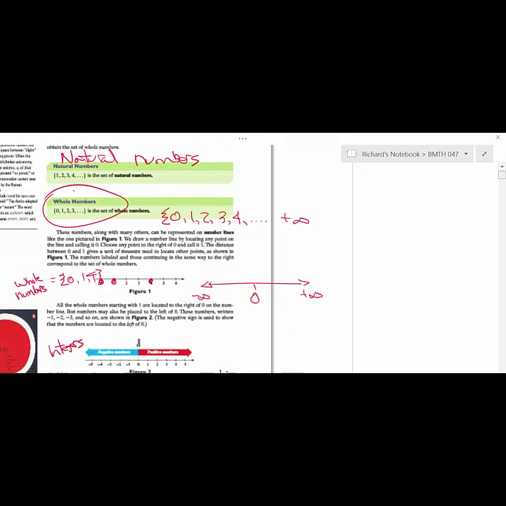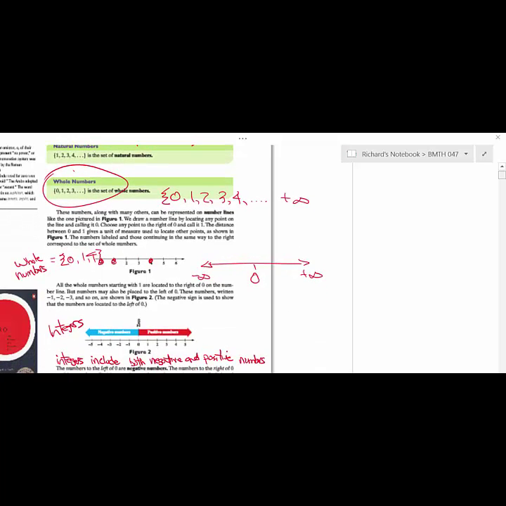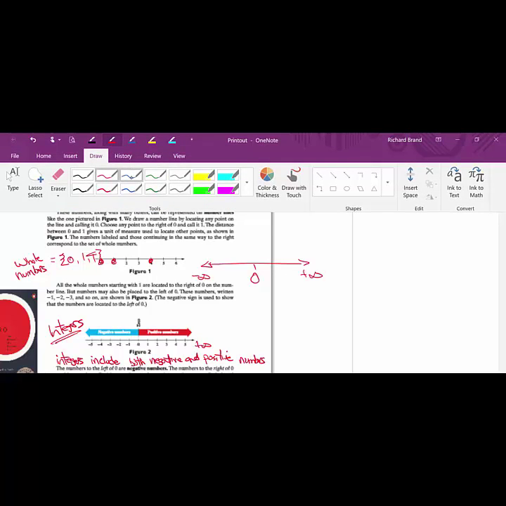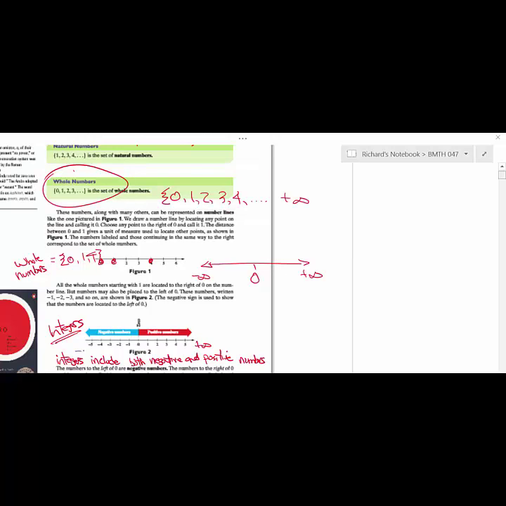Now, integers include both positive and negative numbers. If you're going to draw a number line for the integers, you draw a line and locate 0, and then the integers go up to positive infinity and down to negative infinity.